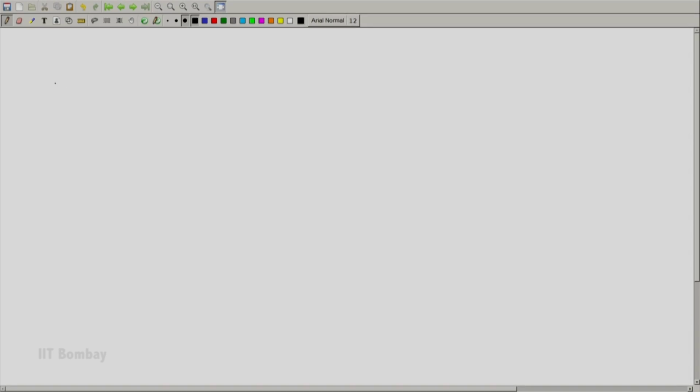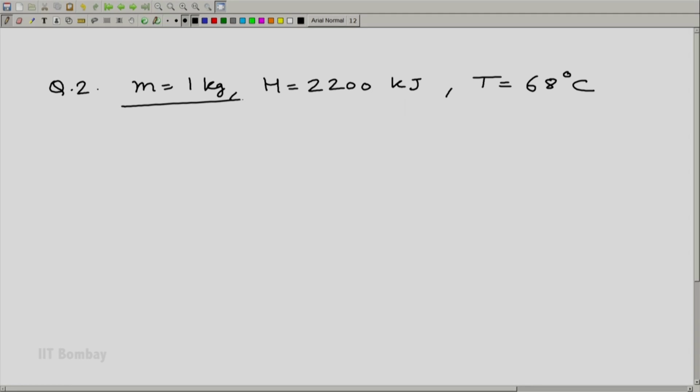Okay. Question number 2, m is equal to 1 kg, given the value of H is 2200 kilojoule and T is equal to 68 degrees centigrade. Please note that because m is equal to 1 kg, we can write H is equal to 2200 kJ per kg also, alright.